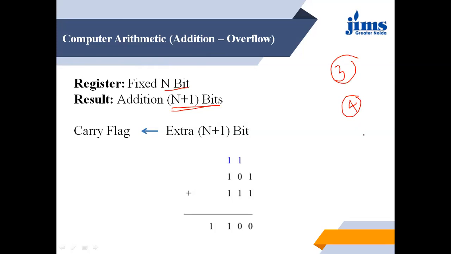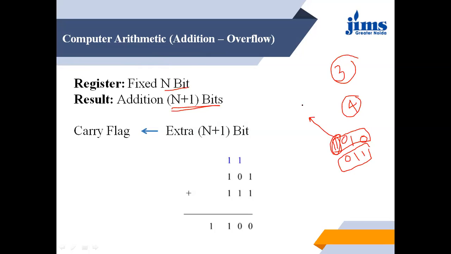For an example, after addition I am getting a 4 bit number instead of any 3 bit number. Then where will this bit go? This is the problem. So this is stored in a flag.